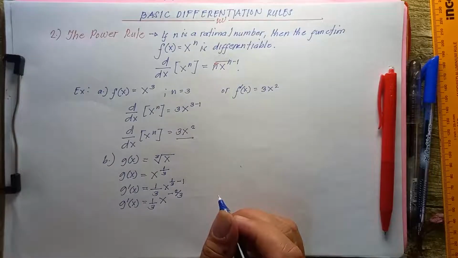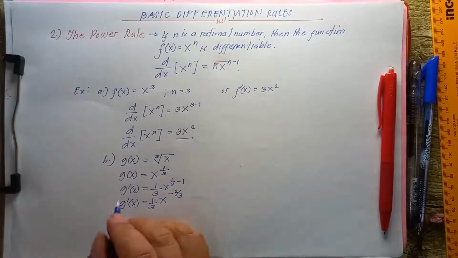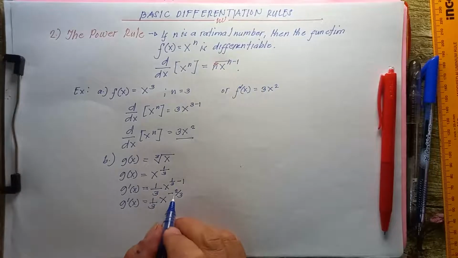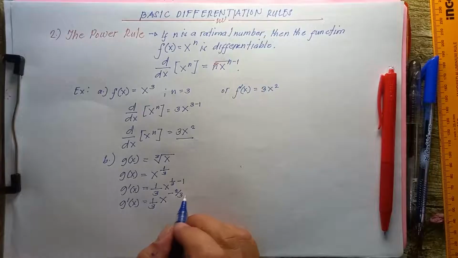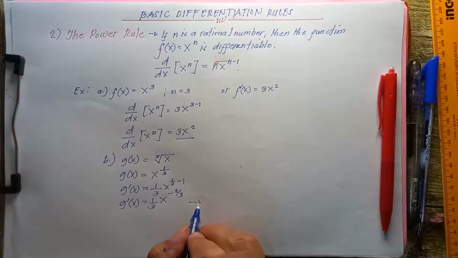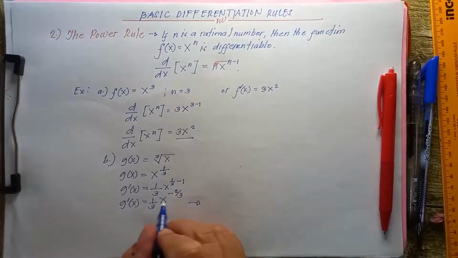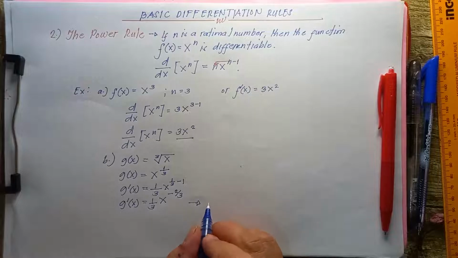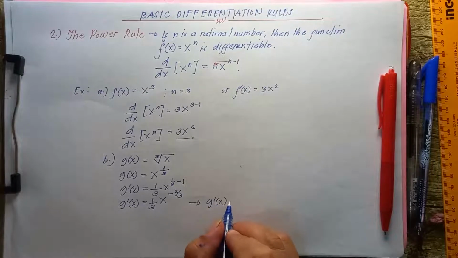Now, notice that if we would like our exponential form to be converted into a positive number, how can this be done? By putting the numerator into the denominator, giving the result for g prime of x.